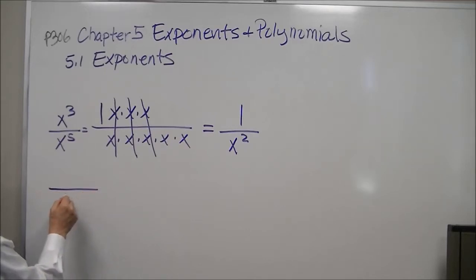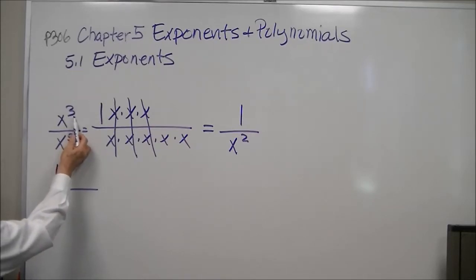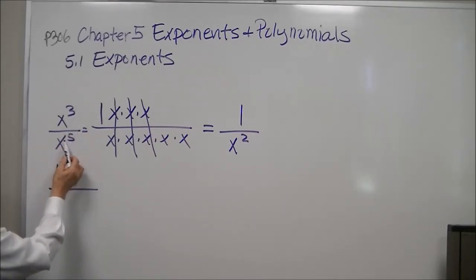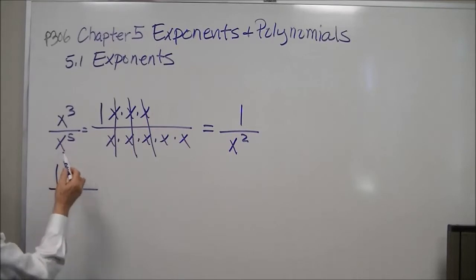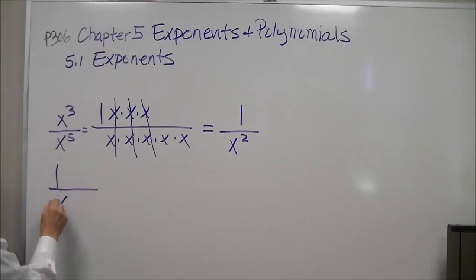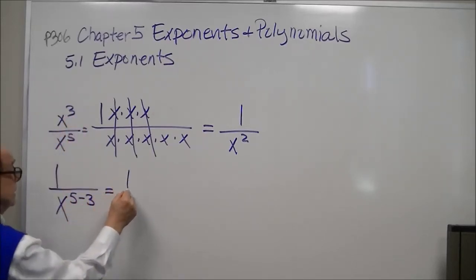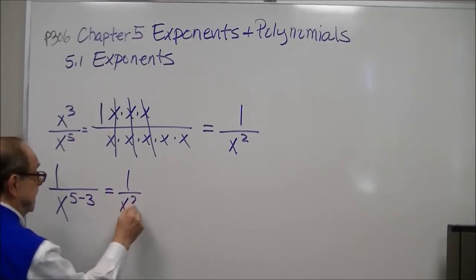So here's the basic rule. And there's a 1 left up there. When we take an exponent and it crosses the division bar, the sign of the exponent changes. So this is going to become x to the 5th minus 3, and that gives us x to the 2nd.